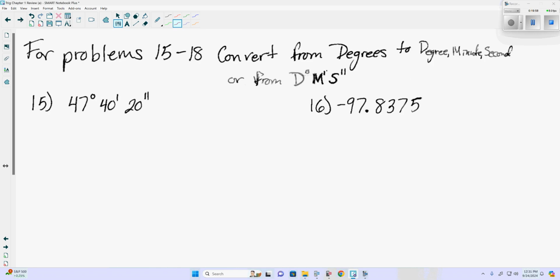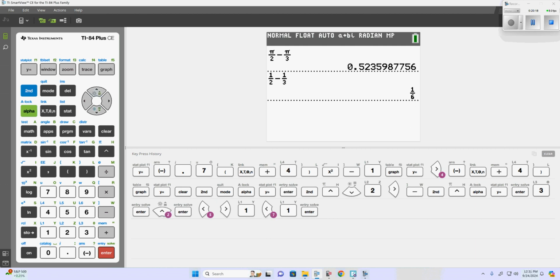Convert from degrees, minutes, seconds, or from degrees to degrees, minutes, seconds. We're going from one to the other. So the first one, 47 degrees, 40 minutes, 20 seconds. 47 degrees.